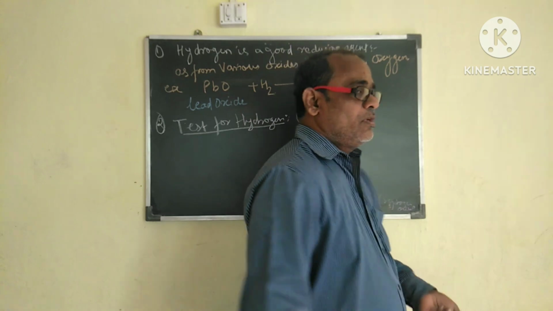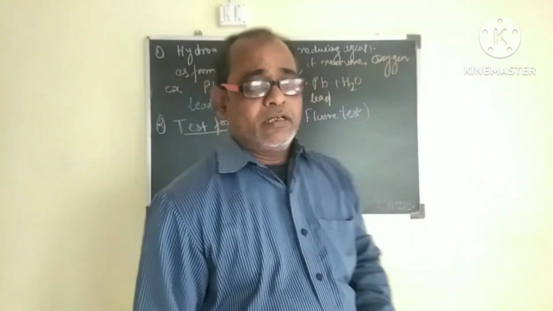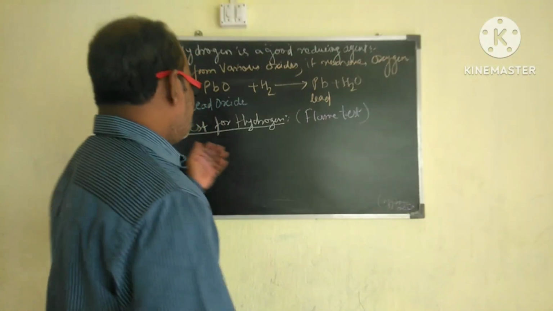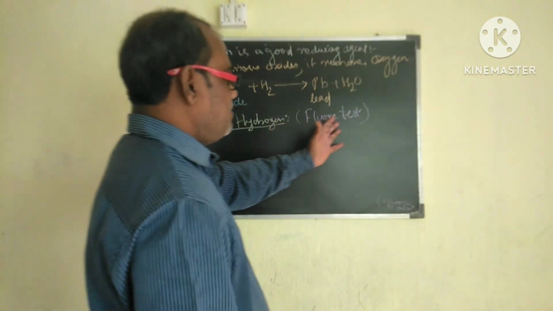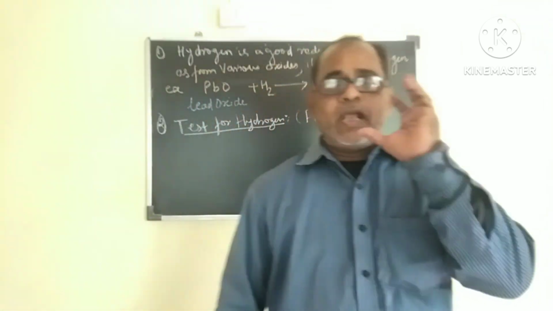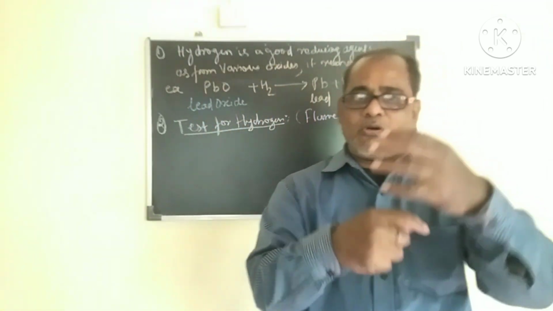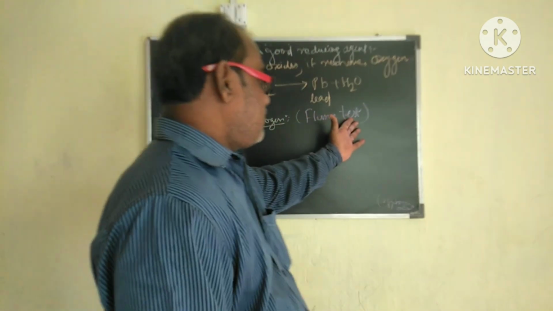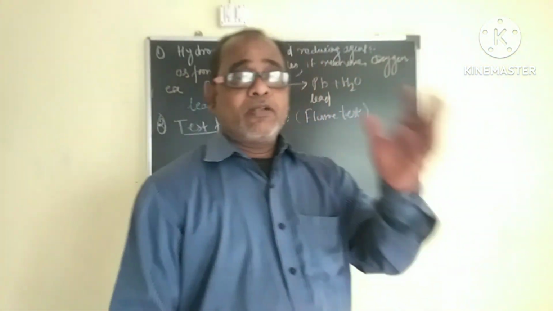Now we have to understand how to test hydrogen. Generally we can test hydrogen by using a flame test. In this test, when hydrogen comes in contact with oxygen, it burns and produces water.